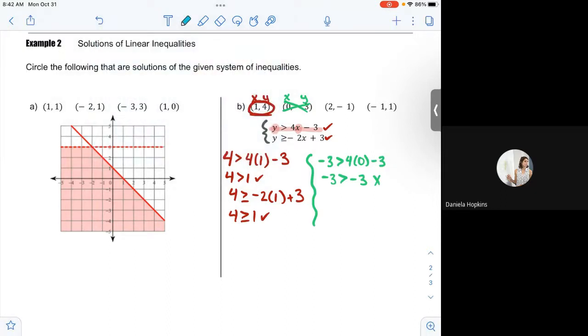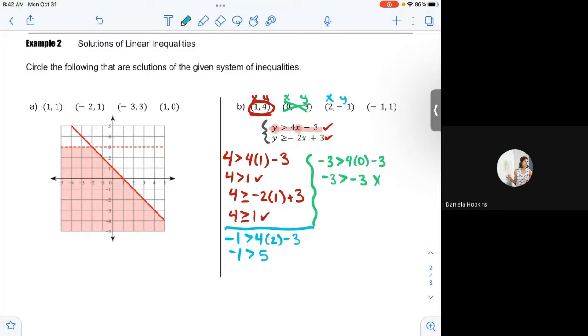Testing the next point in blue: (2, -1). This will be my new x, and this will be my new y. Plugging into this first equation, -1 is greater than 4 times 2 minus 3. So -1 is greater than, 4 times 2 is 8, minus 3 is 5.